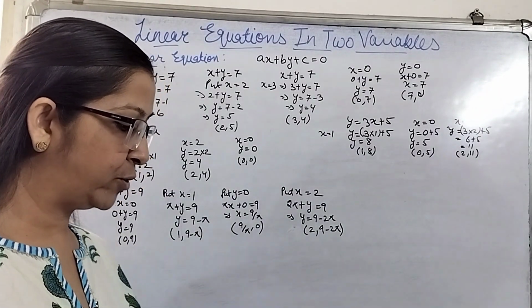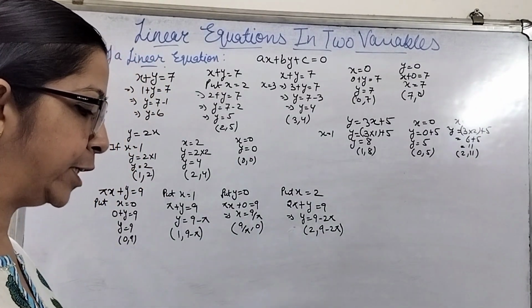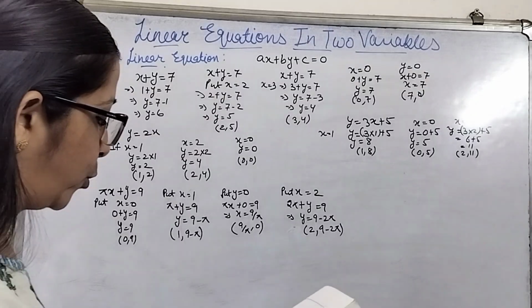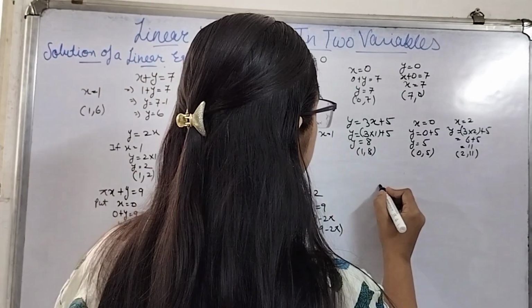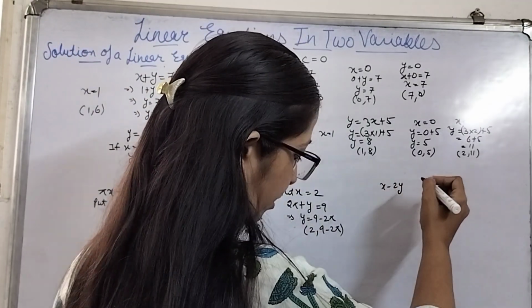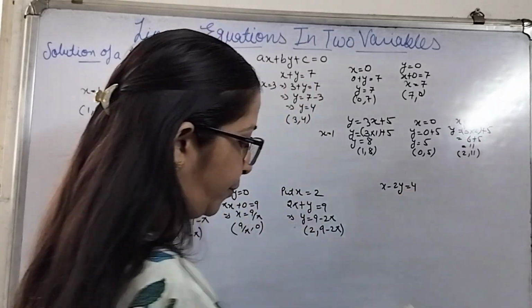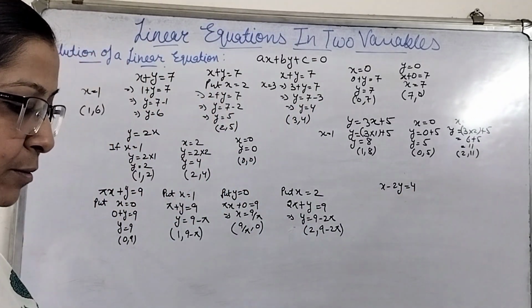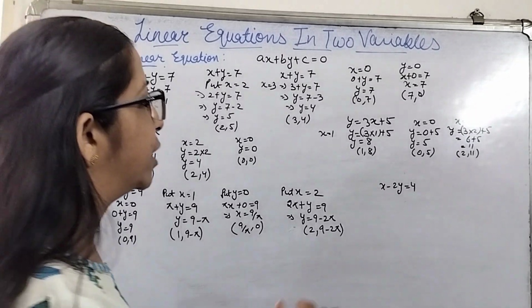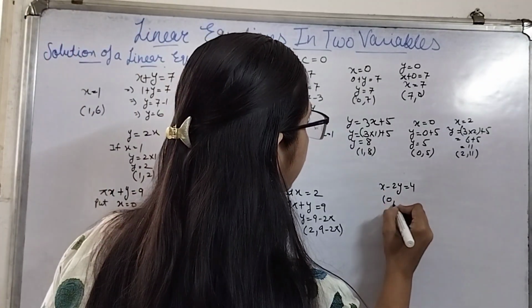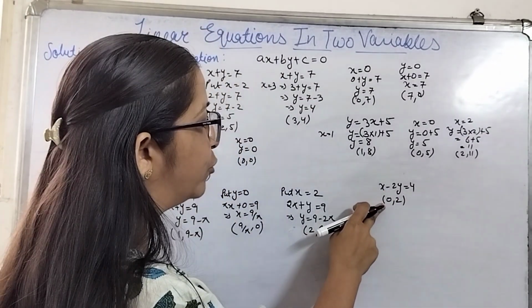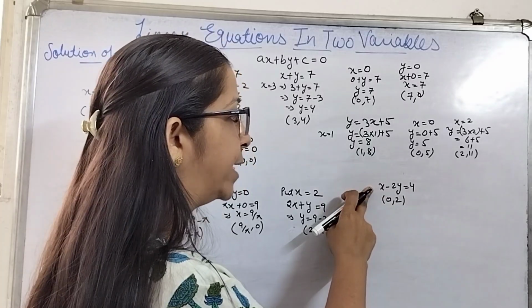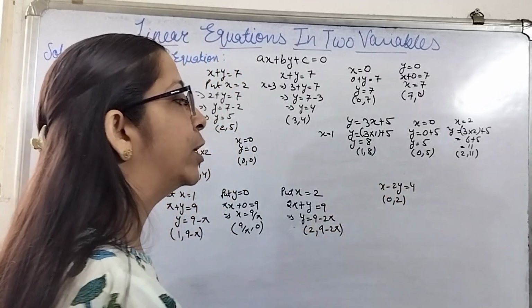Now question number 3: check which of the following are solutions of the equation x minus 2y equals 4, and which are not. First we check the given solution (0, 2). By convention, the first value is of x and the second value is of y.